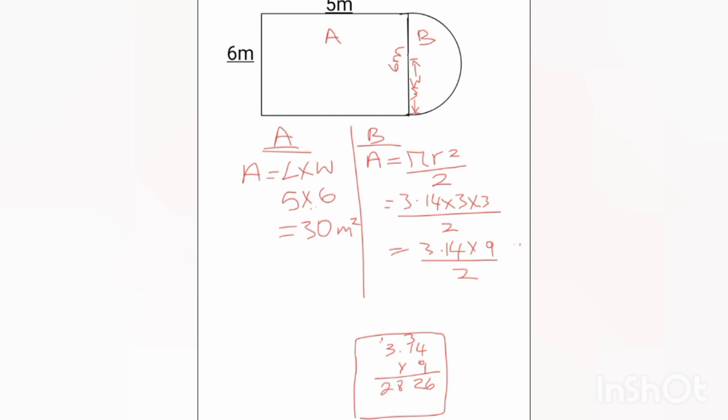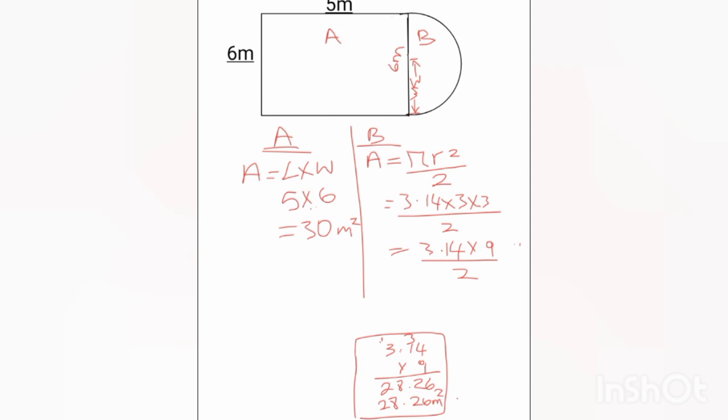And since we have 2 places of decimal here, our answer is 28.26, and our unit is meters, so it's 28.26 meters squared for the area of one whole circle that would have a radius of 3 meters.